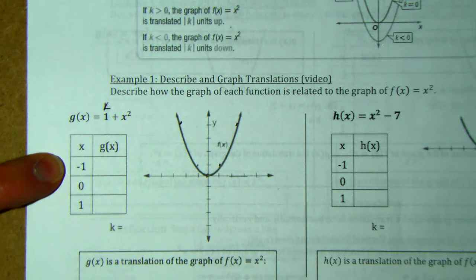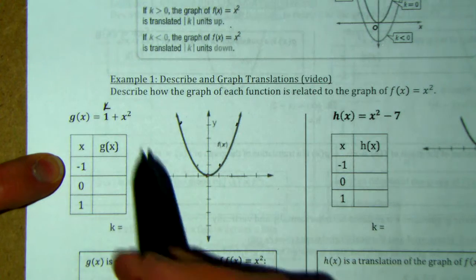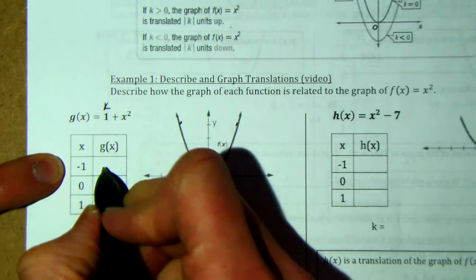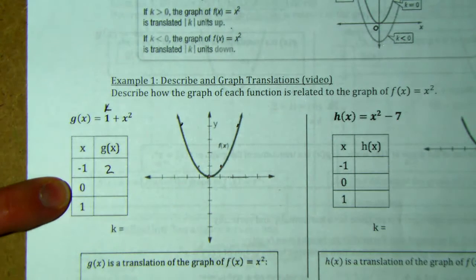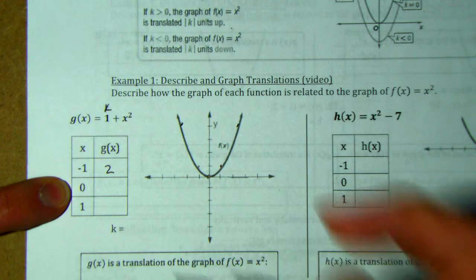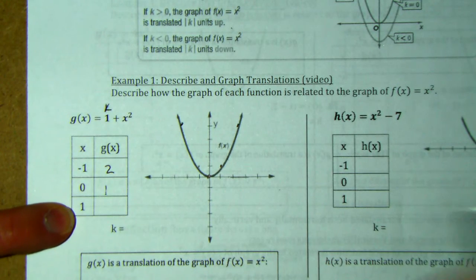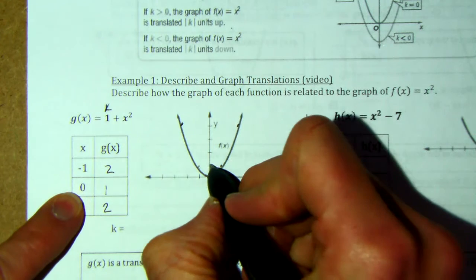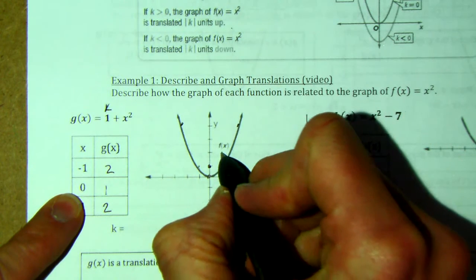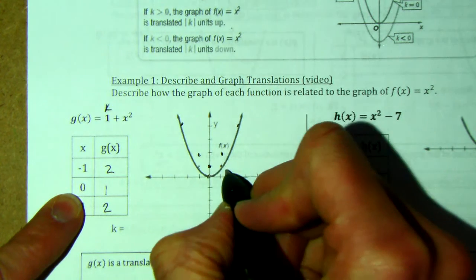If I put 0, 0 squared is 0, add 1 to it? 1. If I put 1 in there, squared is 1, plus 1 is 2. So look what happens. (0, 1), (1, 2), and so on. So it takes that exact same parabola and does what to it?